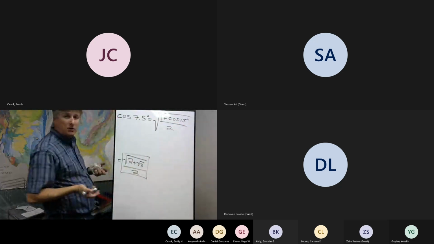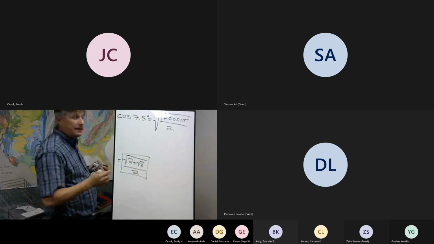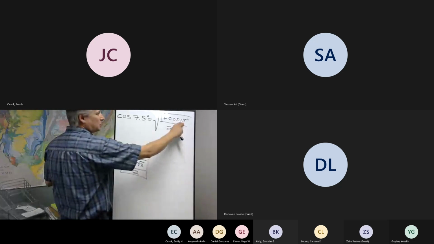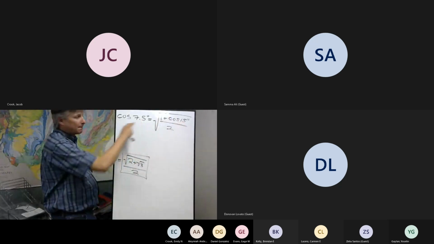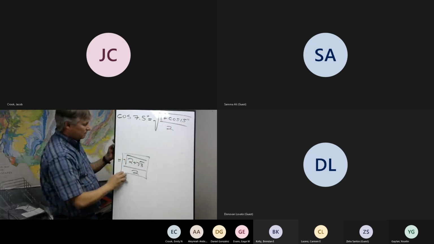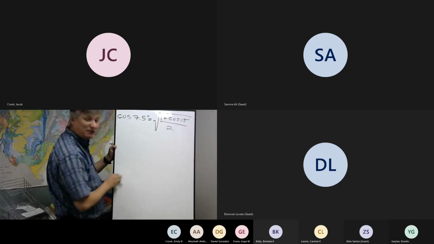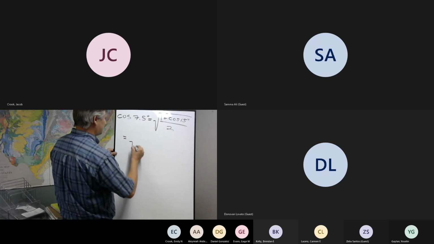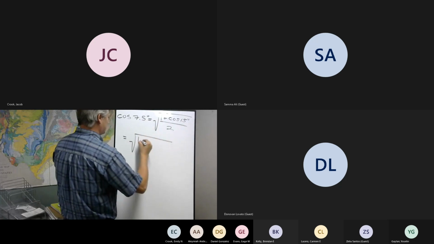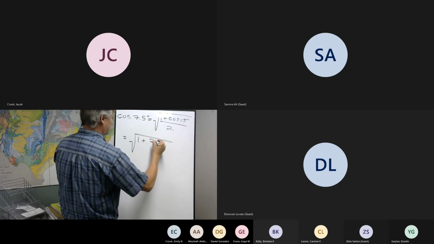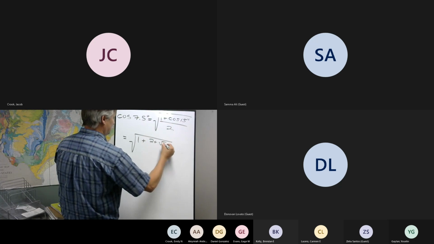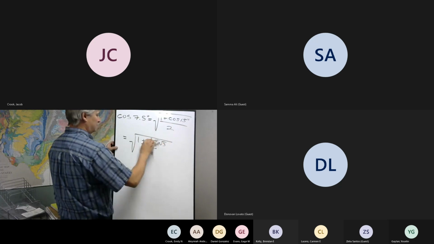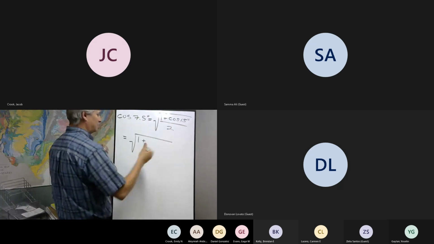Well, we know the cosine of 15 degrees now. And again, this angle in here will always be twice the angle out here. So we now know what this is. Now it gets a little hairy. Oh, right.